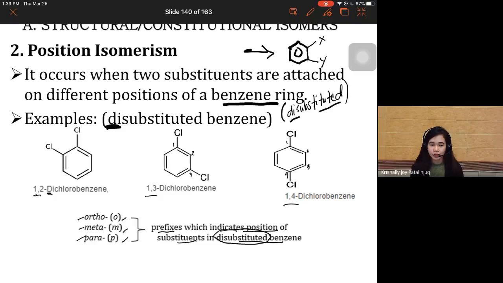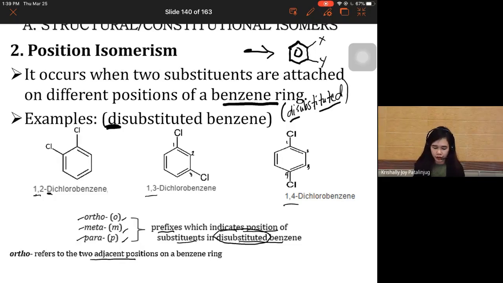So, when can we use ortho? Take note, the small letter o, or ortho, refers to two adjacent positions on a benzene ring. Adjacent means the two substituents are beside each other, and that is when you use the prefix ortho. So instead of 1,2, which are beside each other, or 3,4, which are also beside each other, you can use ortho.